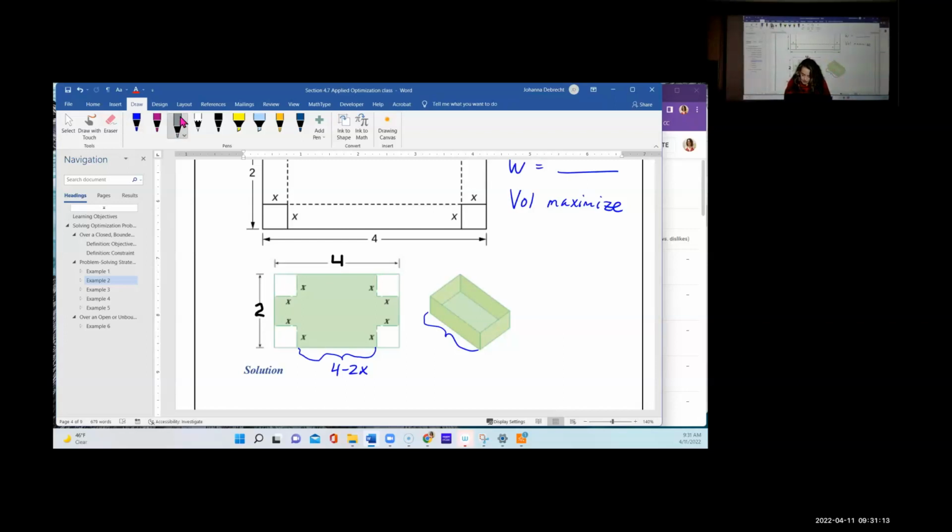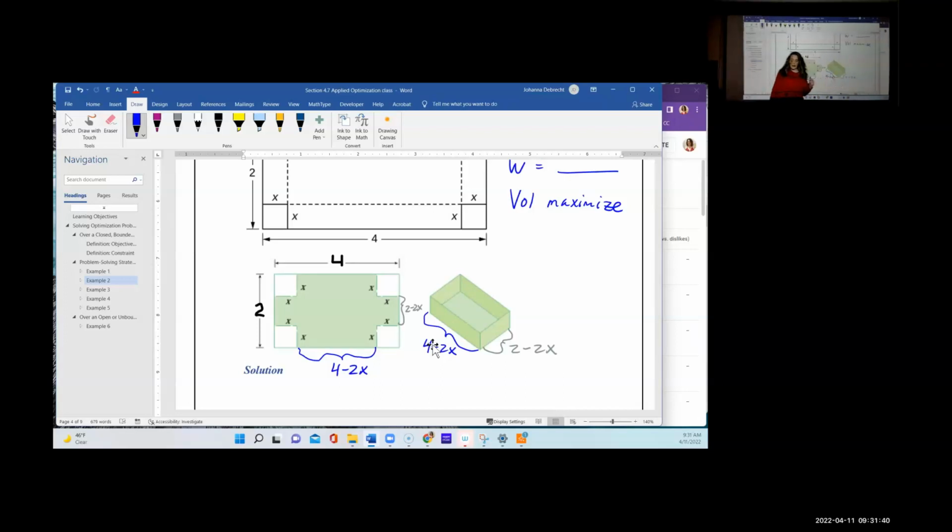And then I can look at the width, which is 2 minus 2x. And that becomes this measure right here, which is the width of the box. It started out 2 meters, and then I cut 2 squares from each corner, each of length x, and that gives me 2 minus 2x.